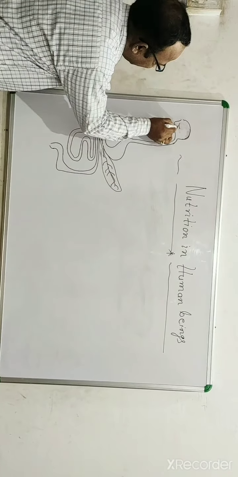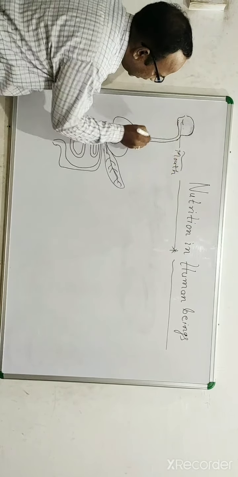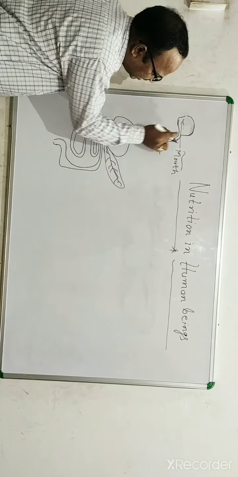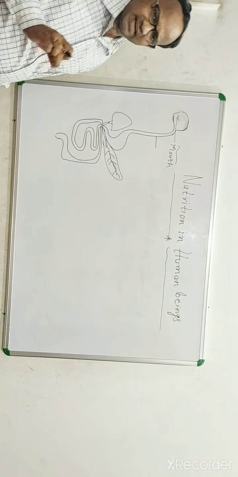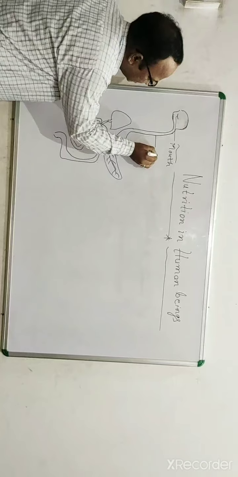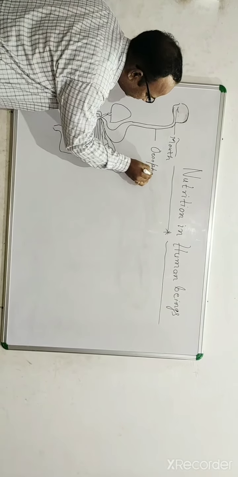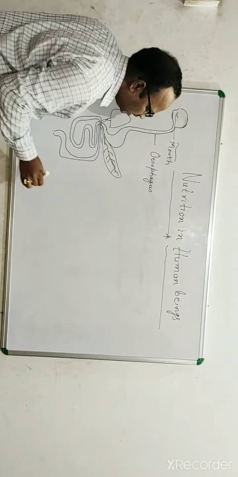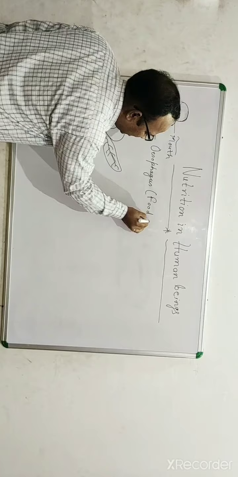First, it will be the mouth. The next one is this tubular connecting tube having a very narrow diameter, small in dimension. This is called the esophagus, and it is also known by the name food pipe.